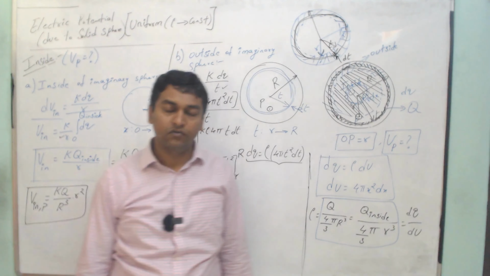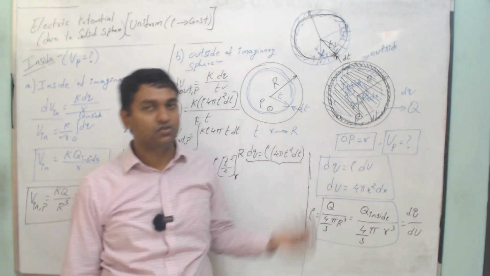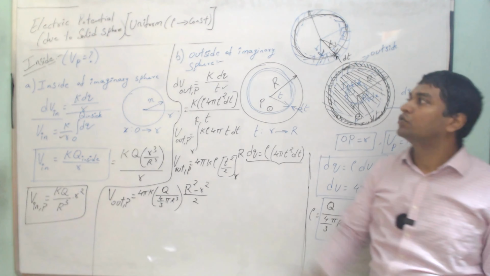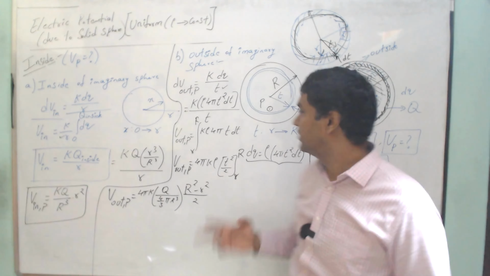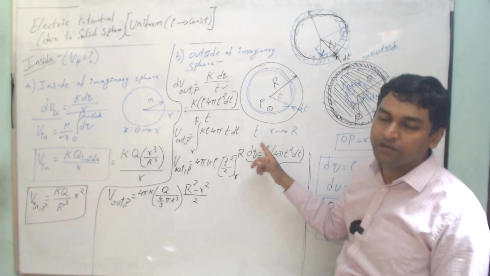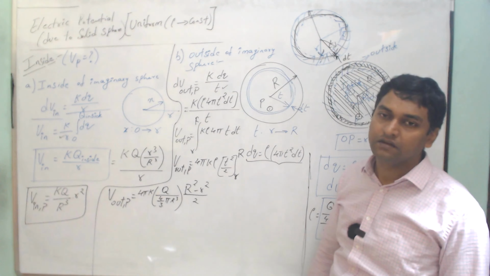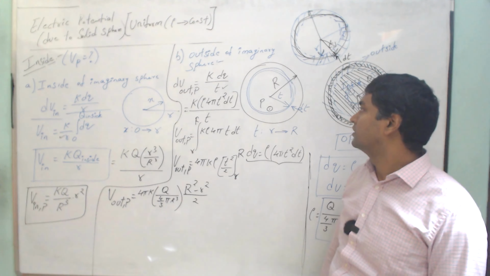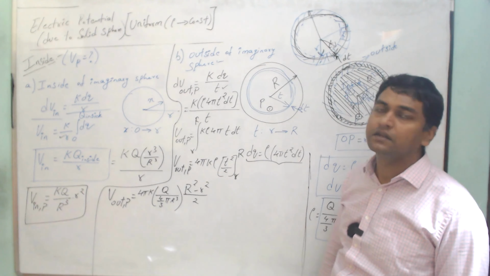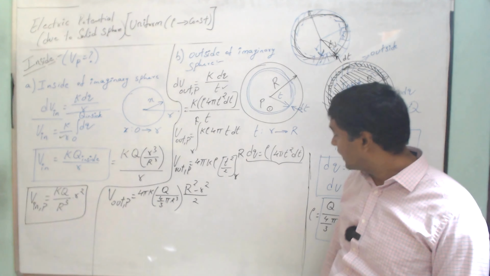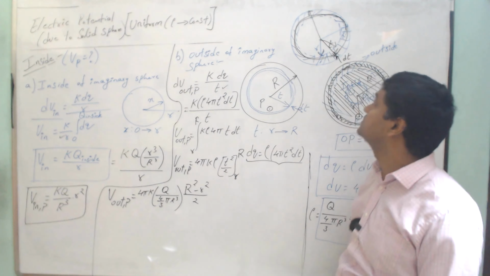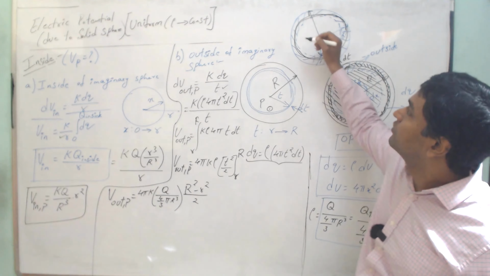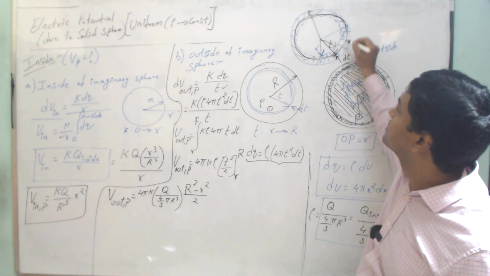Subtraction of volume will tell me how much I have. But what is my variable? My variable is a radial line. For the outside region, I am drawing again over here. What is my outside region in this geometry?